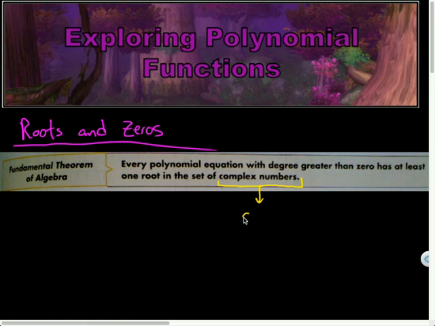And I just want to point out that complex numbers are numbers of the form a plus bi. So if the value of b is 0, even a real number can be considered within the set of complex numbers.